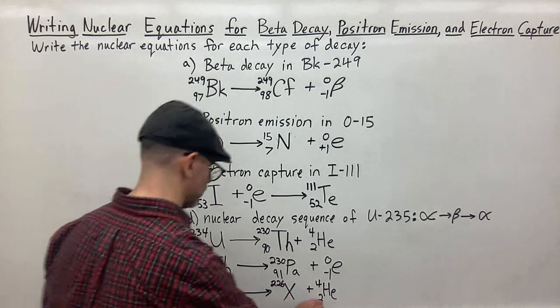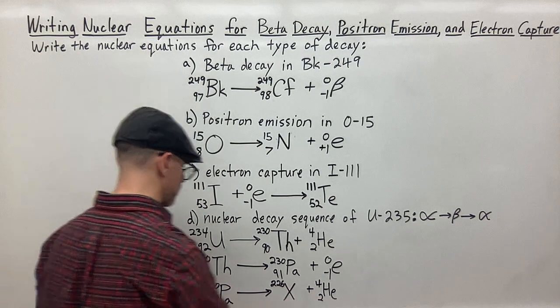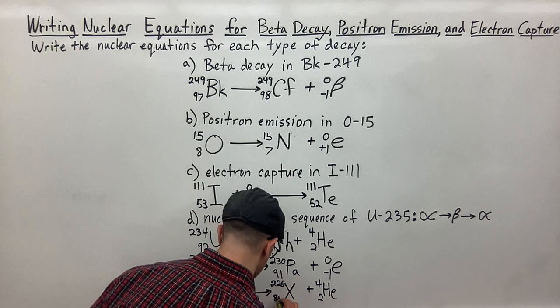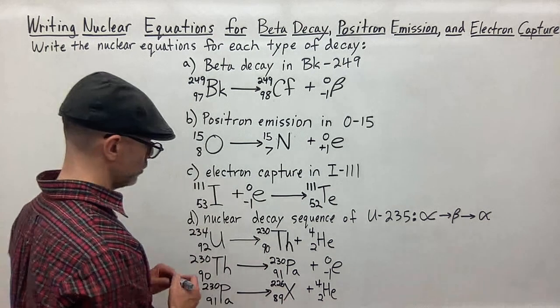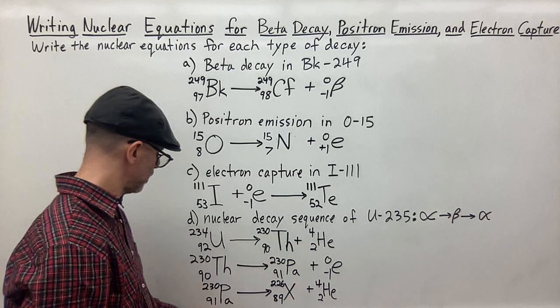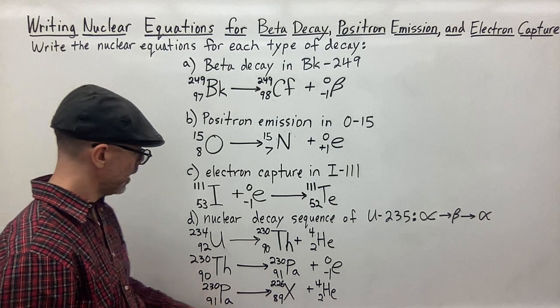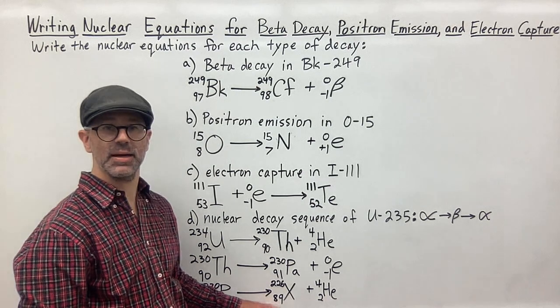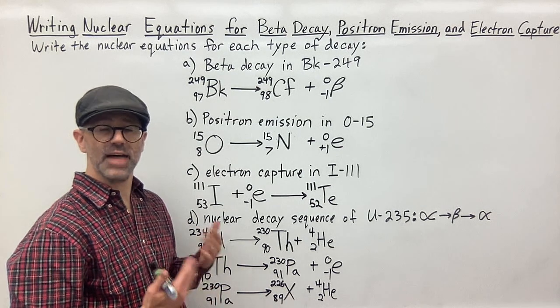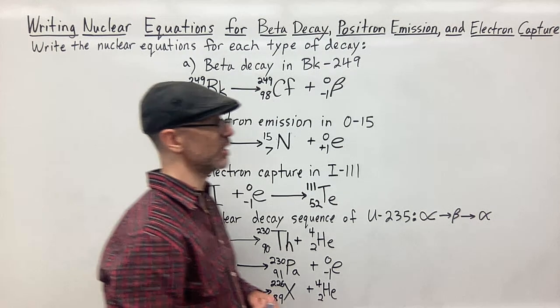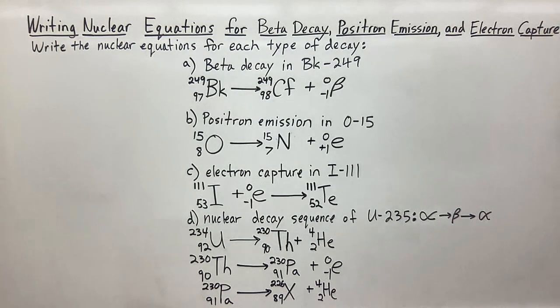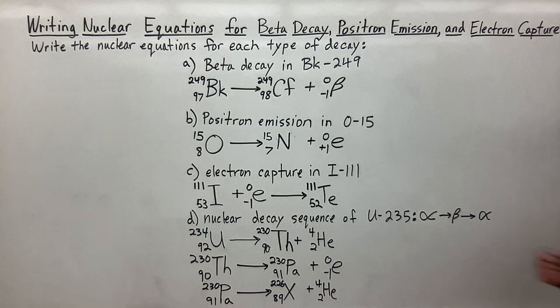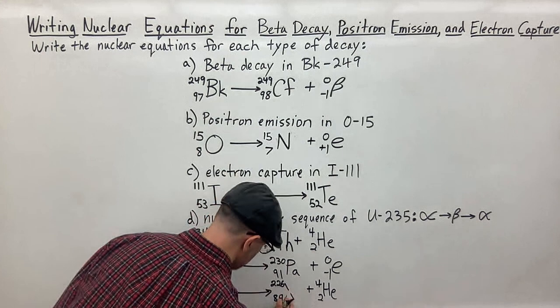If I subtract 2 from 91, that gives me 89. So I have 89 plus 2 gives me 91. Now I know 89 is the atomic number. I look up 89 on the periodic table, and I get actinium, Ac.